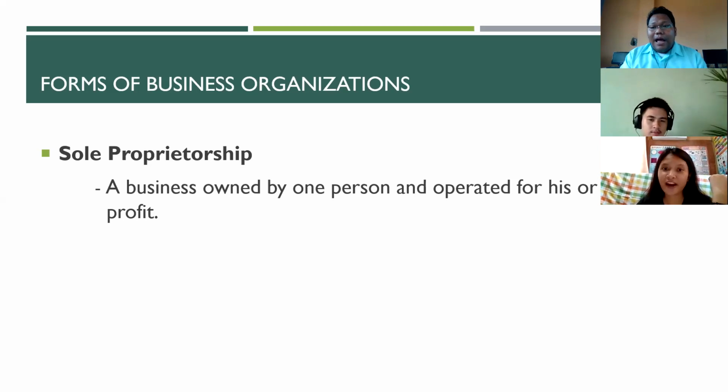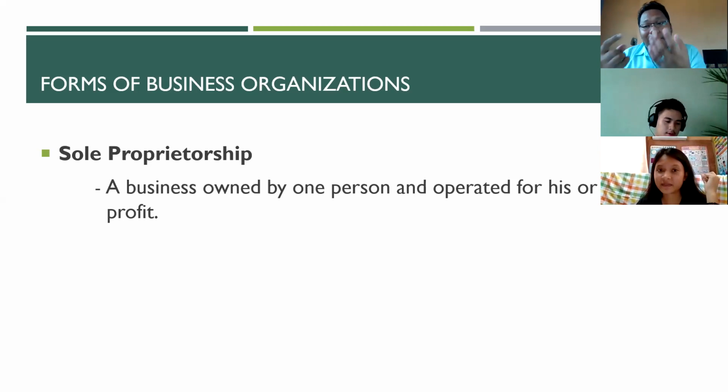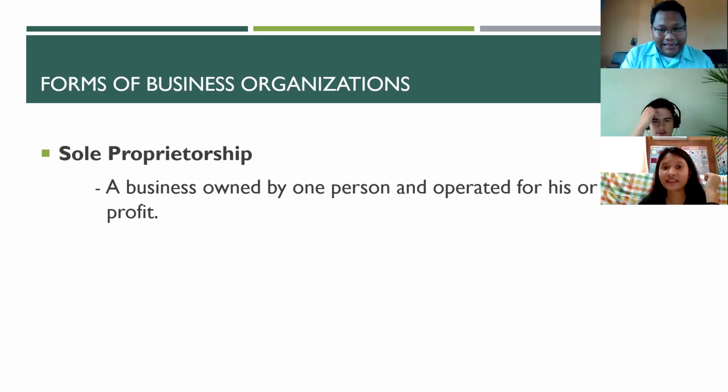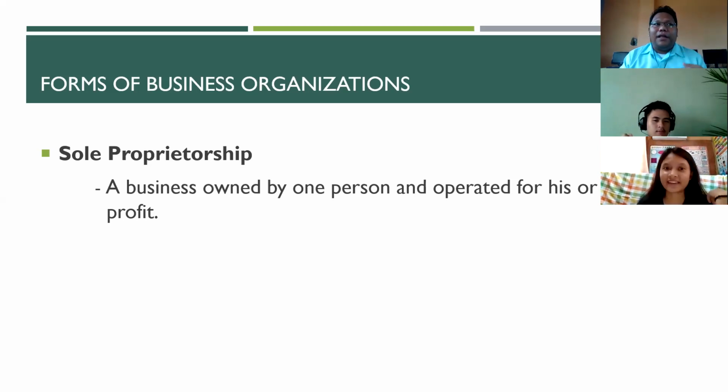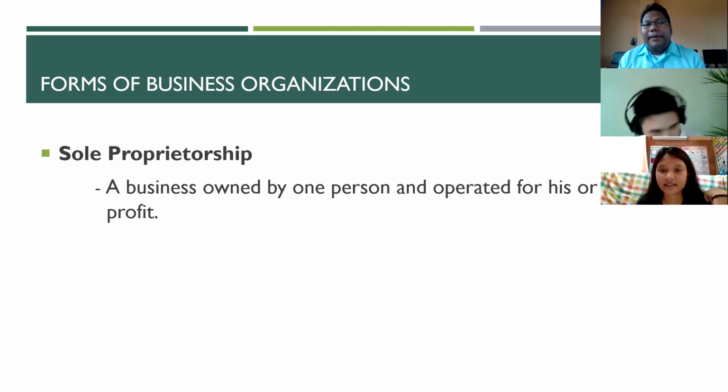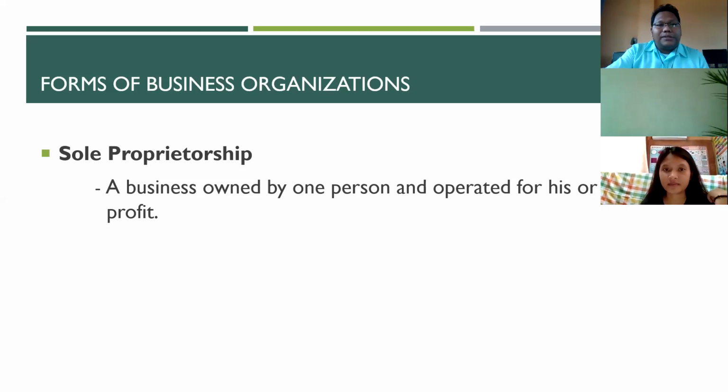Ah, so your father is the one who owns the business. It's just that the rest of the members of the family are helping your father in running its operation. So it's safe to say that your store is a sole proprietorship type. Not that, sir. My father owns the store, but my tita is also with him. My tito has also invested in it, sir. So that's not the case.